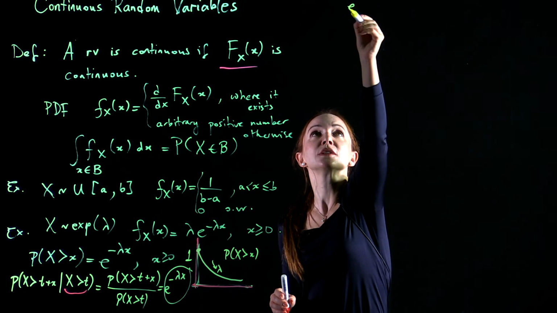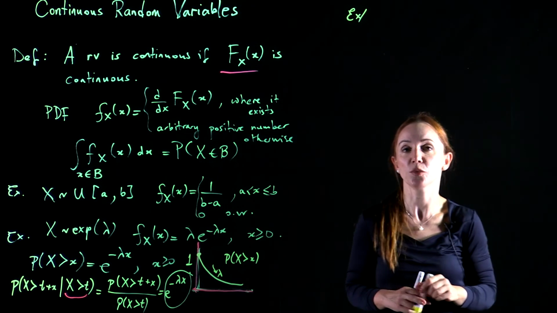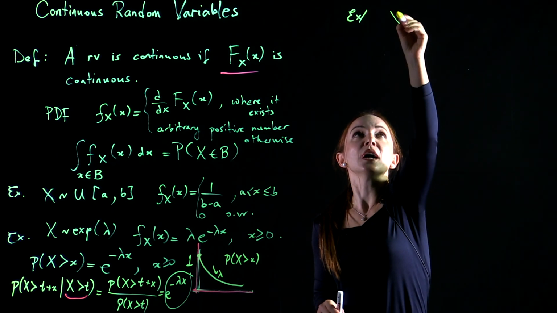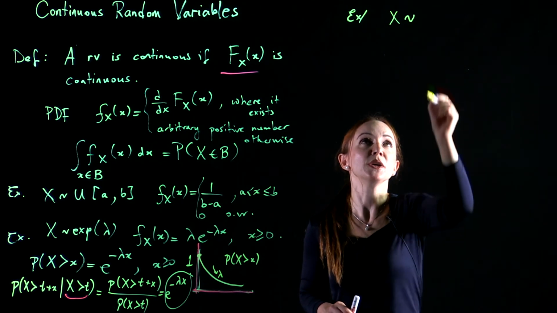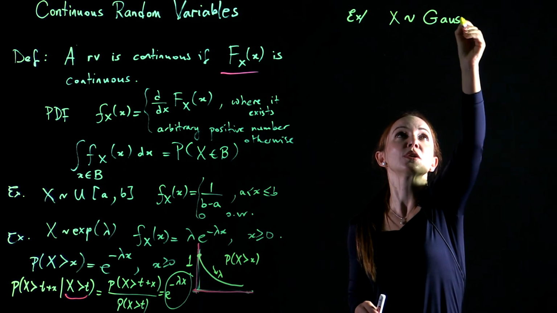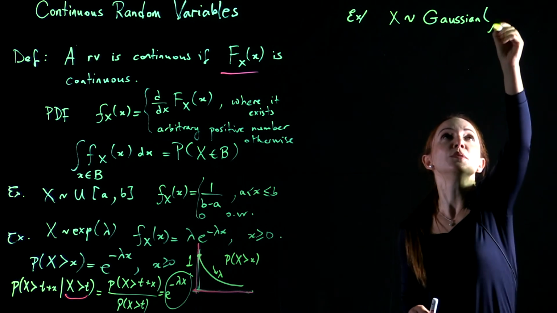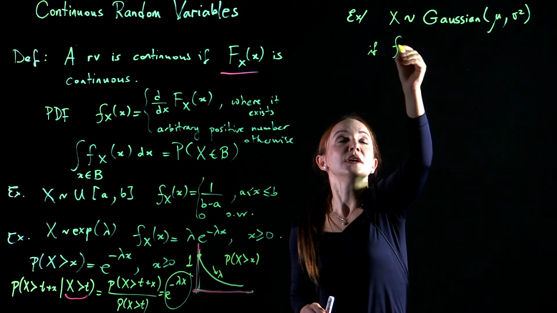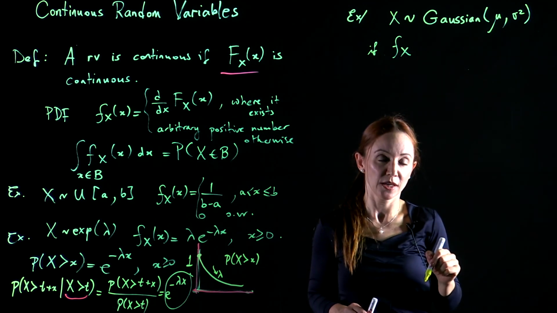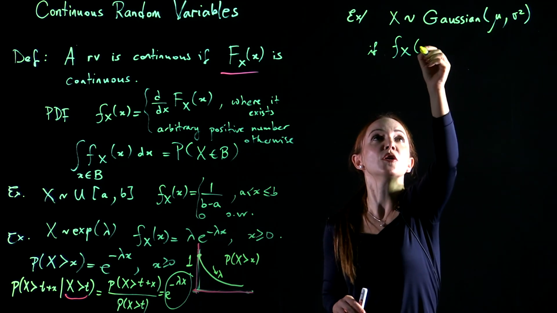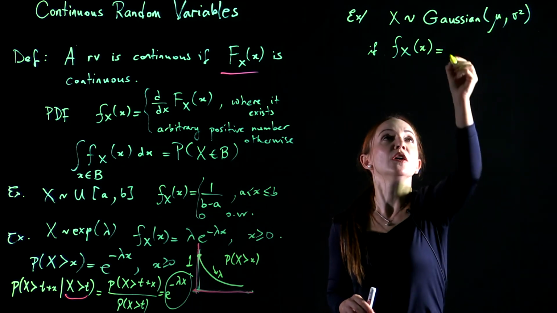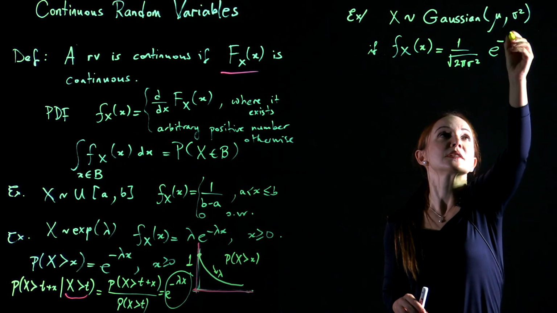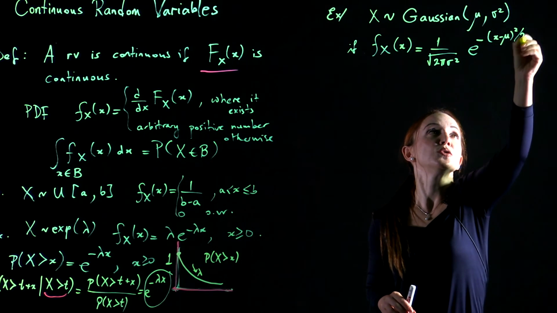Another very important random variable that we all know from a lot of engineering scenarios is the Gaussian. If x is said to be distributed Gaussian, with mean mu and variance sigma squared, if the PDF, probability density function of x, is given by 1 over square root of 2 pi sigma squared, e to the minus (x minus mu) squared over 2 sigma squared.